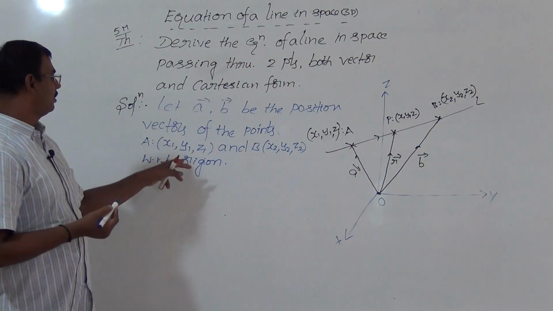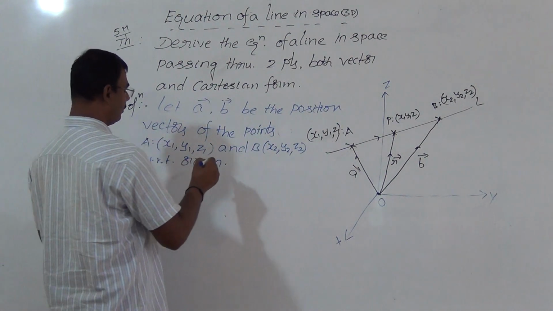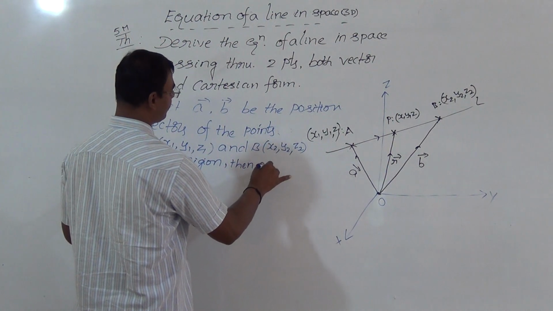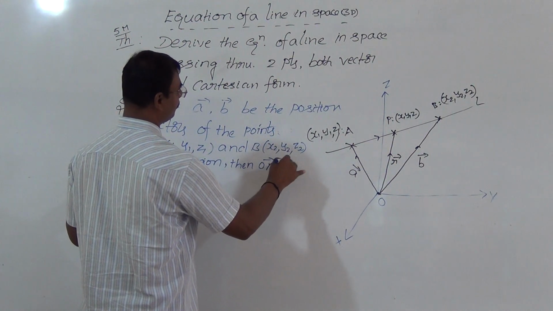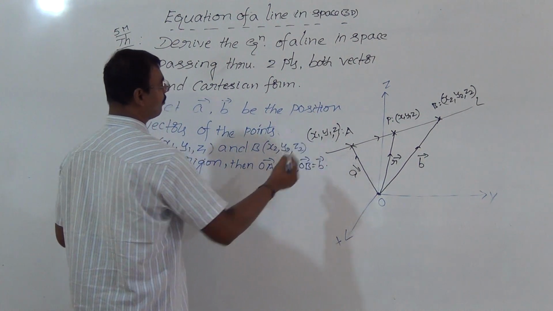This means OA bar is equal to A bar and OB bar is equal to B bar.